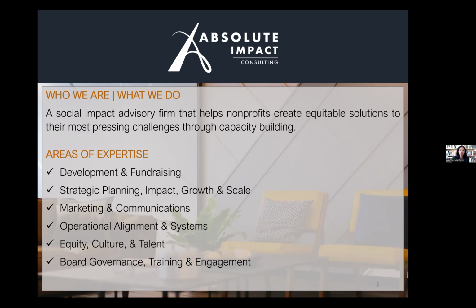And while we do work in all of these other areas, our focus is really about connecting the dots for organizations so that they can eventually boost their revenue generation. So everything that we do leads back to fundraising, whether it's board training, systems alignment and operations, marketing and communication. Nonprofits are a business, right? So at the end of the day, we have to make sure that everything that we're doing is helping our business goals.